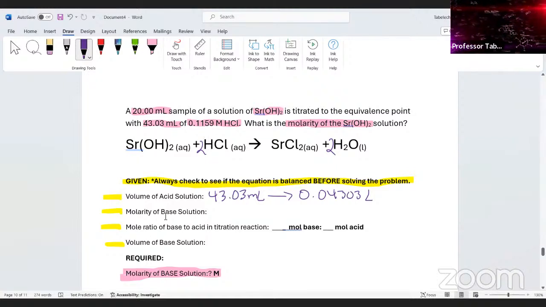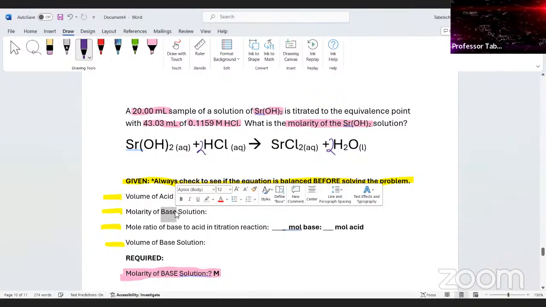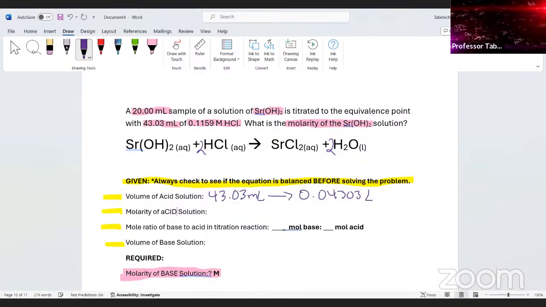So I'm going to go back in here because I was copying and pasting. I did not do my check, y'all. Forgive me for that, okay? The molarity of your acid was 0.115 molarity, which is the same thing as saying 0.115 moles per liter, okay?